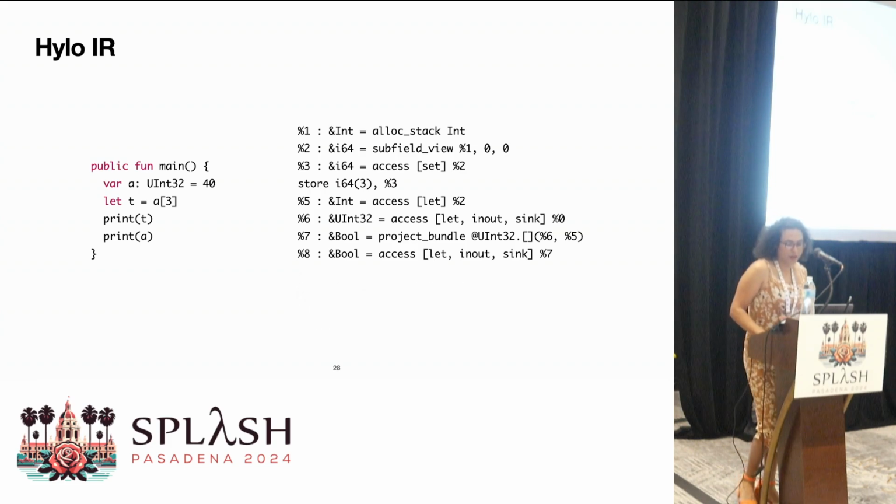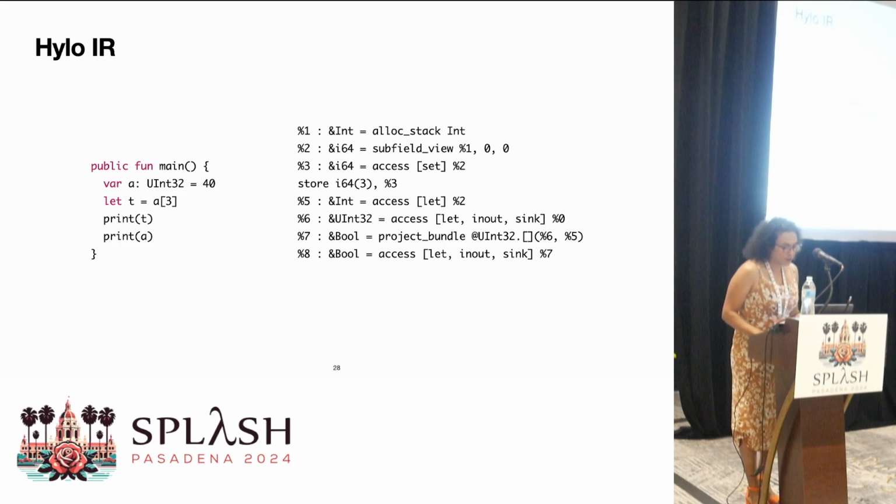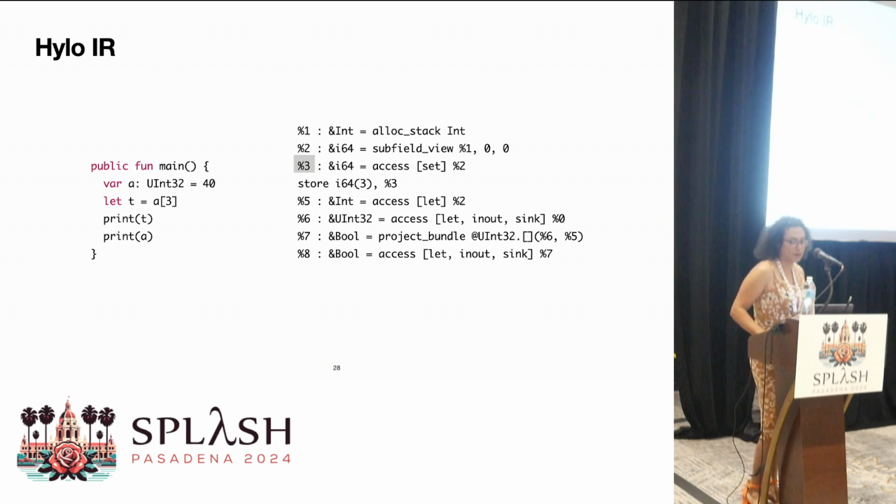Perhaps more surprising is the fact that in the IR we have some kind of ghost instructions, spooky, but this represents the way values are being accessed. So here, for example, there is this %3 here. This is called the access instruction, in this case access set. What it means is that, well, if I want to store a value to %2, which is a subfield of %1, which is the allocation, so basically a view into the allocation, I need to create this access, and that will give me the right to initialize it with a value.